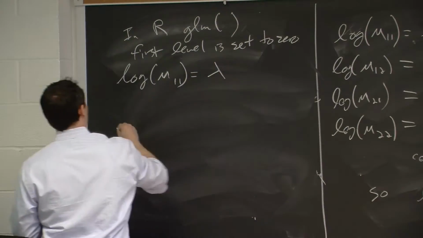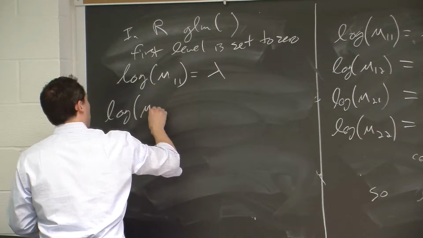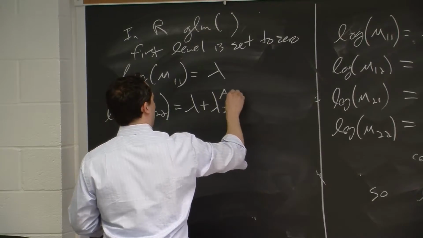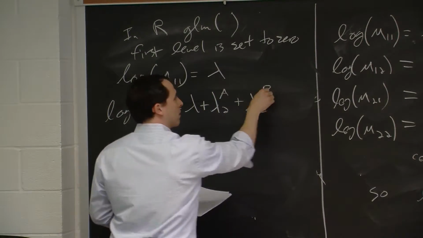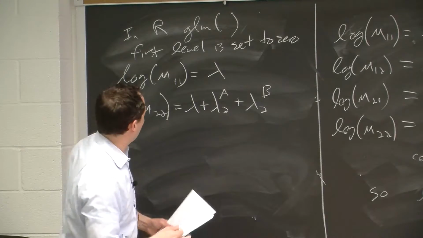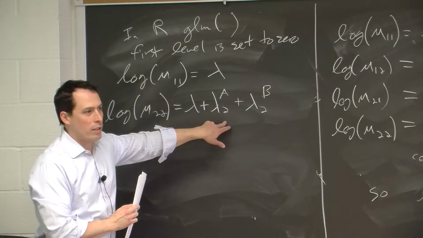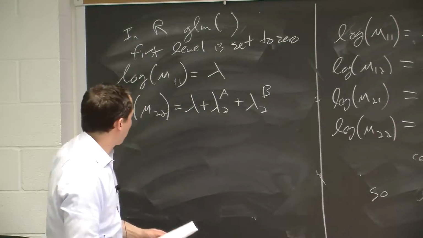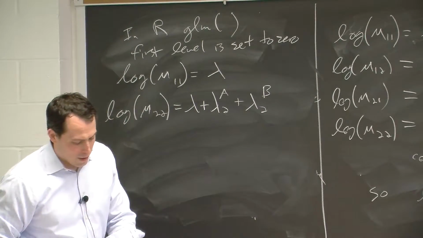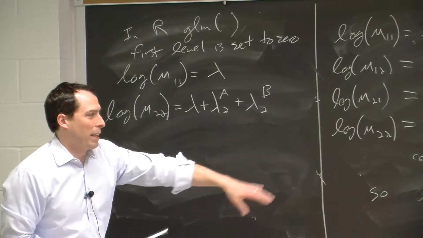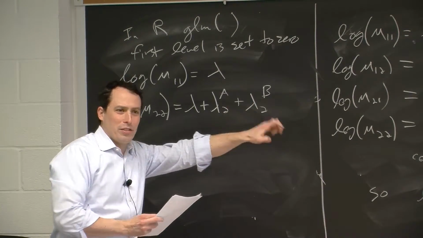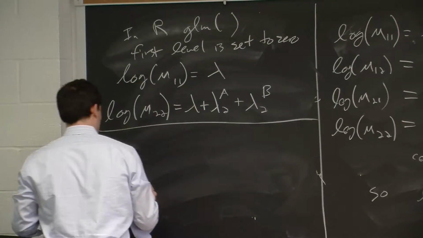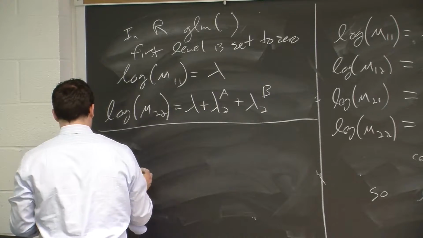So this one is equal to lambda, and log mu22 is lambda plus lambda 2a plus lambda 2b. It's the sort of dummy encoding that's closer to what we've usually done, where the second state of the variable is encoded as a 1. So you need to be aware of that because depending on which piece of software you use and which setting you use, you'll get a different answer. And you have to be aware of why that answer is coming out and how to change it back to the other one if you need it for a question.